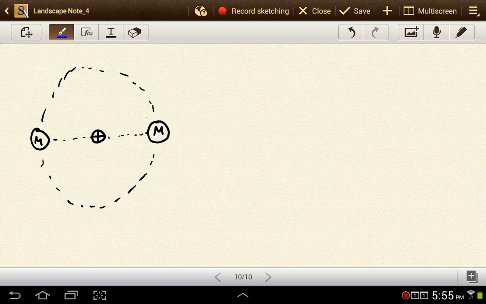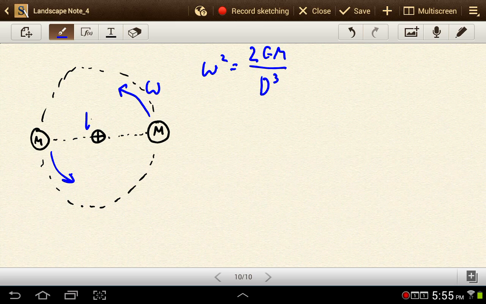Let's say they're going counterclockwise, and they're traveling at omega. Remember, omega squared was 2 big G big M over d cubed, where d was the distance between them. So d is from there to there, and omega is your angular velocity.